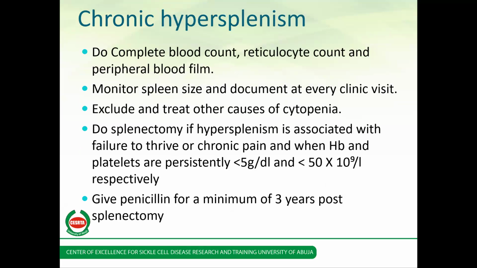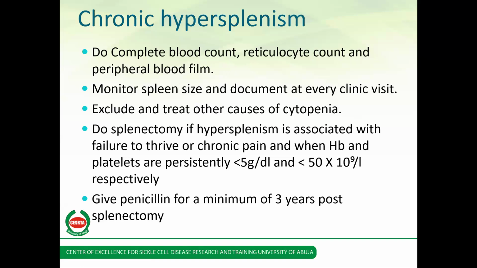Do complete blood count, reticulocyte count, and peripheral blood film. Monitor spleen. Talking about chronic hypersplenism, which is one of the chronic complications of sickle cell disease, the assessment includes complete blood count, reticulocyte count, and peripheral blood film.